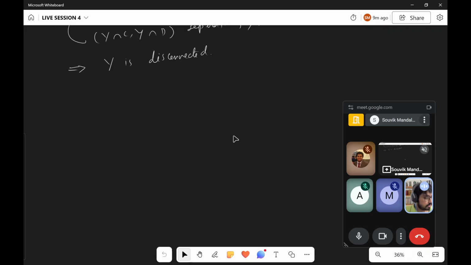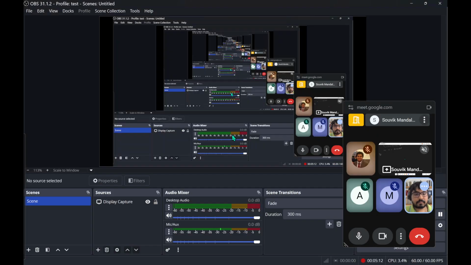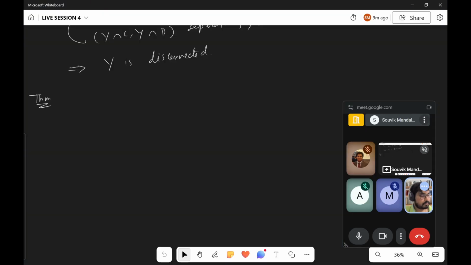Now the next theorem is that f is a map from X to Y, continuous, X connected.